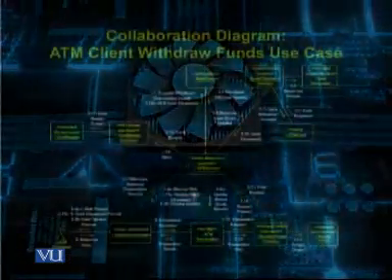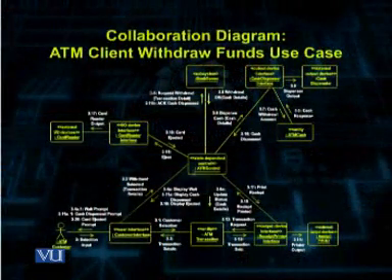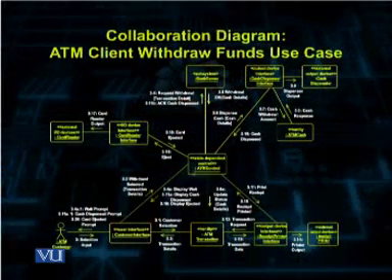Then at the end of the transaction, the receipt is printed, with the information obtained from the ATM transaction, and the card is ejected, and then the ATM becomes available for the next transaction. So this is the sum total of the story of the collaboration of different objects to perform this very important use case.